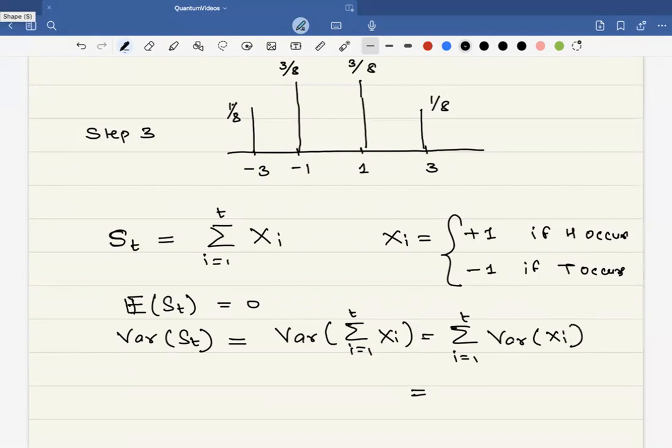And each x_i has variance, what is it? 1 times half plus (-1) squared times half, which is 1. So this is going to be t, right? Each of them has variance 1. So this random walker has variance t, right?